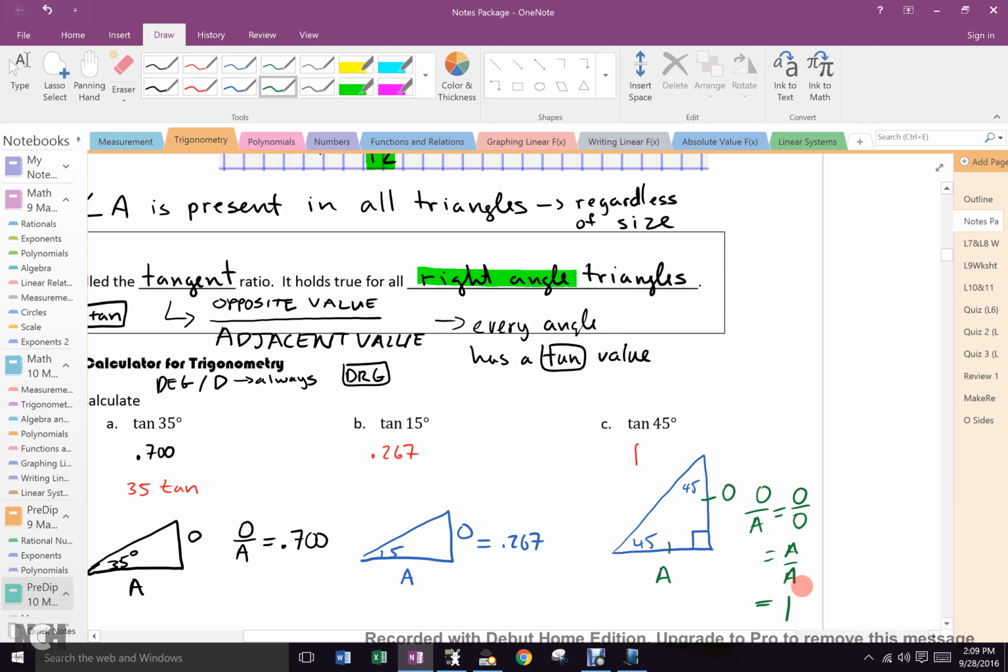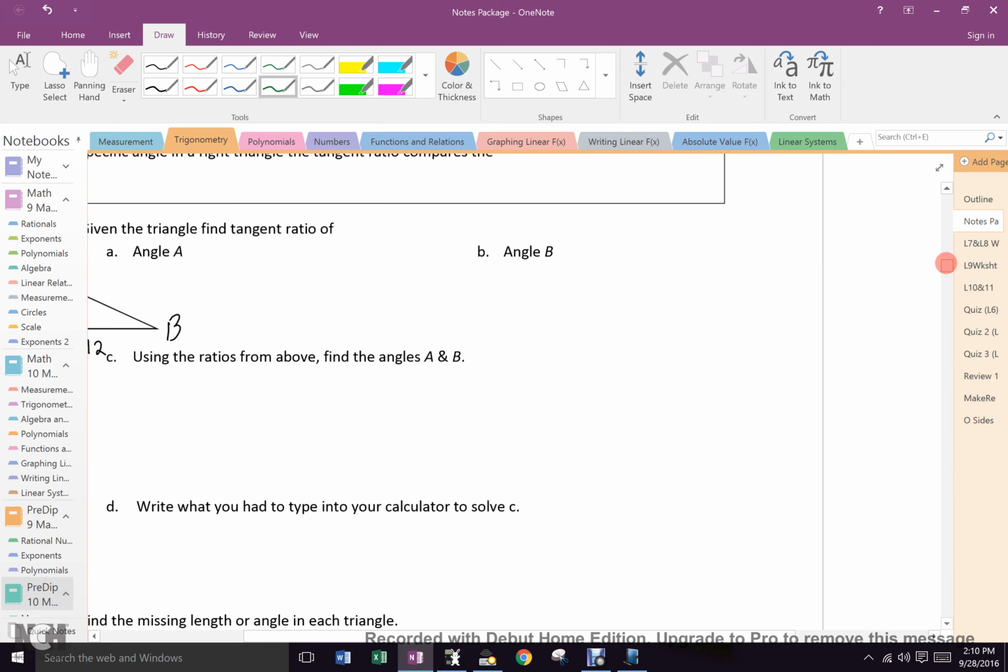That's why tan 45 is 1. Everybody cool? It's going to come into play a lot in the near future, but right now, I just want you to be aware that it's not always a crazy decimal. Everybody good? Okay. Now turn your page over.